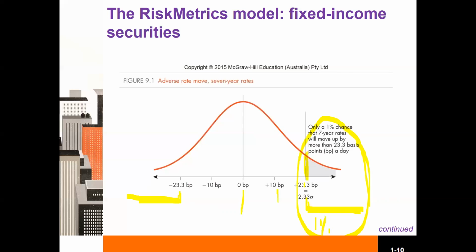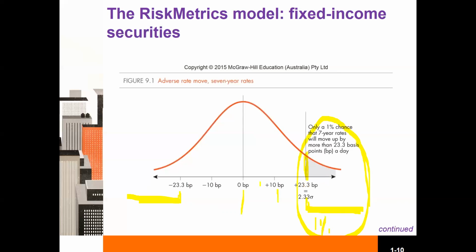In other words, over the last year, daily yields on 7-year zero coupon bonds have fluctuated either positively or negatively by more than 23.3 basis points 2% of the time. Adverse moves in yields are those that decrease the value of the security. These occurred 1% of the time, or 1 in 100 days.